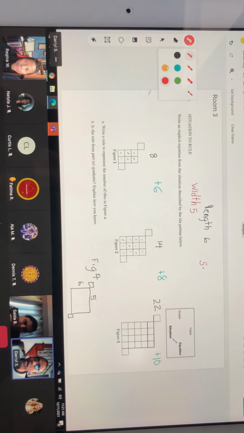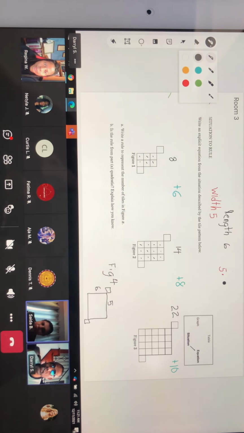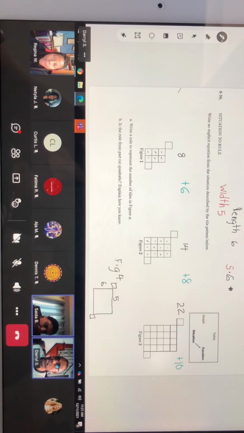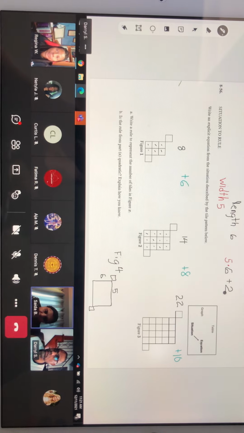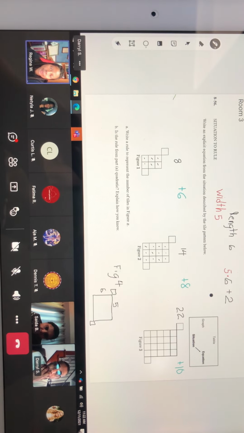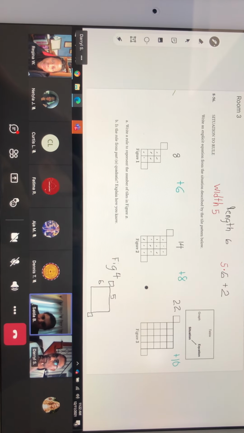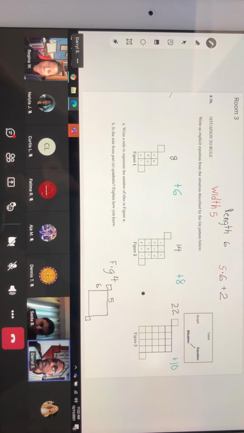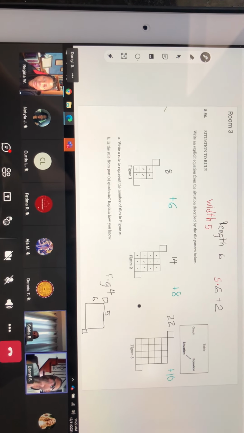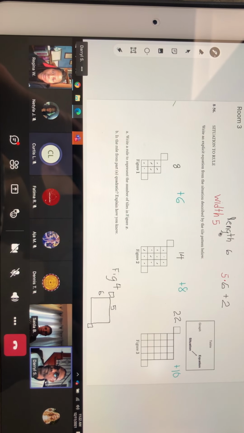Well, let's first go by what Fatima is saying, Dr. Ramadan. She said 5 times 6. Yeah, she was talking about the next shape, and then she said add 2. That's beautiful thinking. I was talking about the shape that we just did. Oh, yeah, I got you. And so, Curtis and Aja and Anaya, are you following what Fatima is saying here?